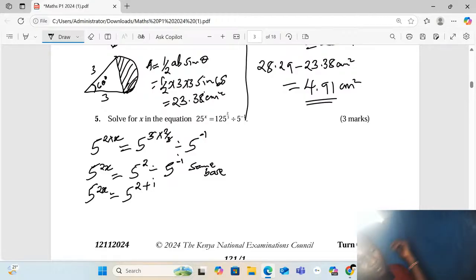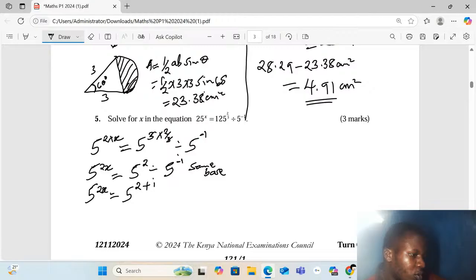Therefore, 2 minus minus 1, so we shall have 2 plus 1. So when we are dividing the indices, we simply subtract the powers. So we take 2 minus minus 1, so we shall have 2 plus 1.